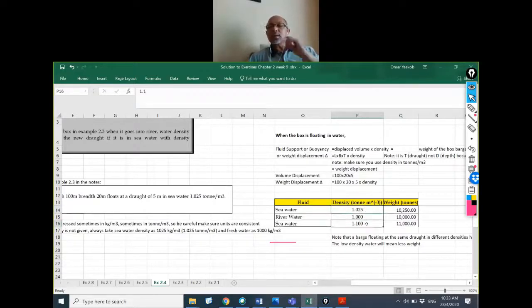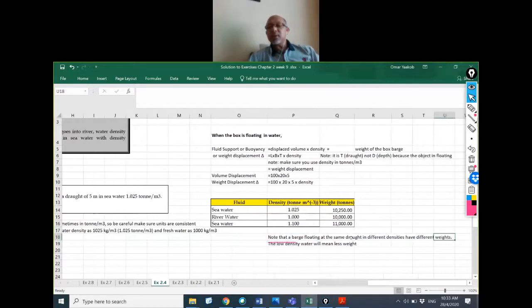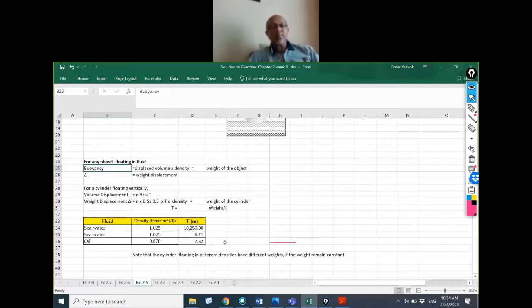So when it's higher density, if it is floating at the same draft, it is 11,000. So note that a barge floating at the same draft in different locations with different density has different weight. The low density water will mean less weight. Okay, 2.5.